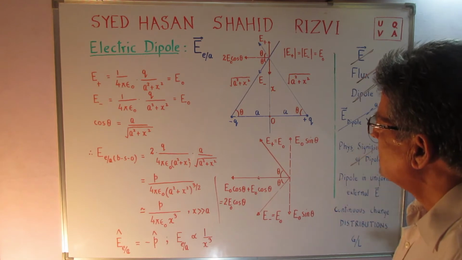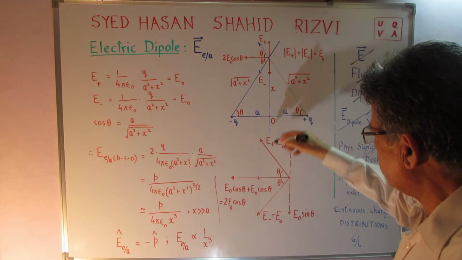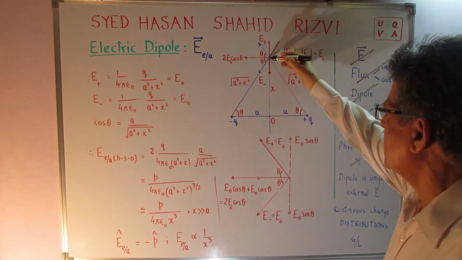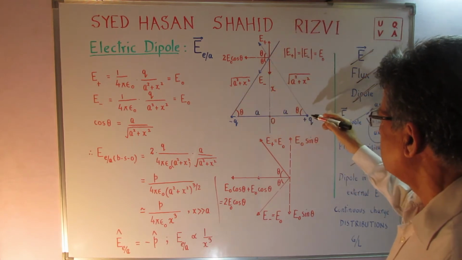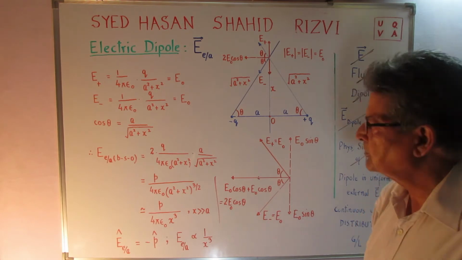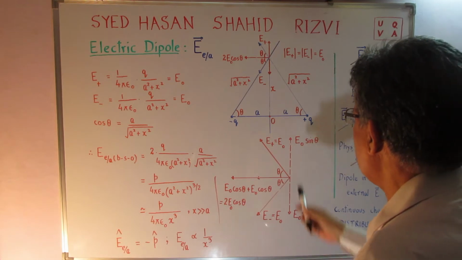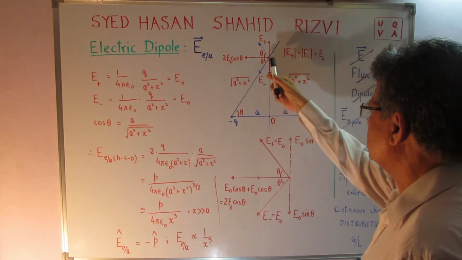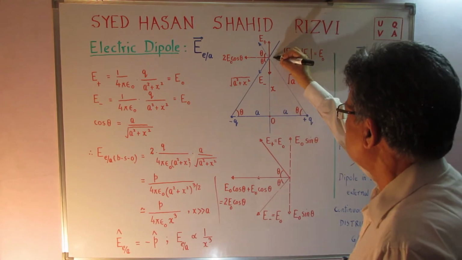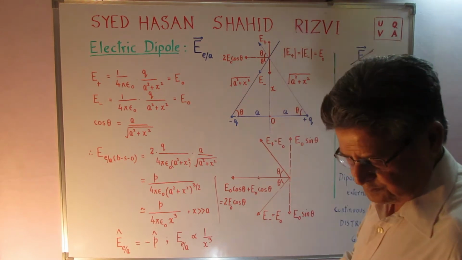Because this is the bisecting axis, the equatorial axis, this point subtends the same angle at minus q as well as at plus q. According to the geometry, I have a over here and x is the distance from point O to the point P under consideration. Let's call this point P.